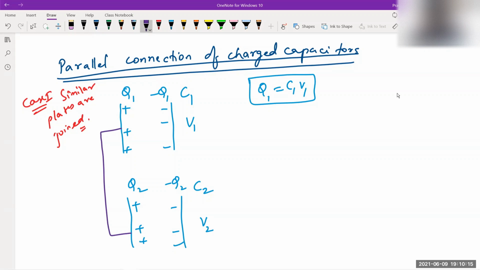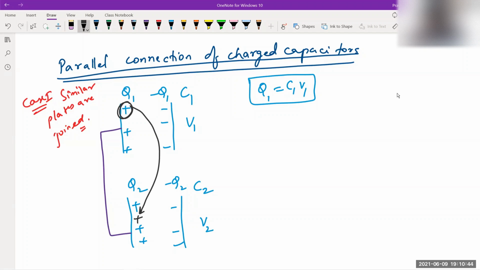Okay, let's take a hypothetical case. I am assuming that this positive charge has moved onto the other plate. There will be a redistribution of charge, so some plate will get more charge and on some plate charge will be reduced. But this will contradict our previous principle that charge on the facing plates of a capacitor should be equal and opposite.